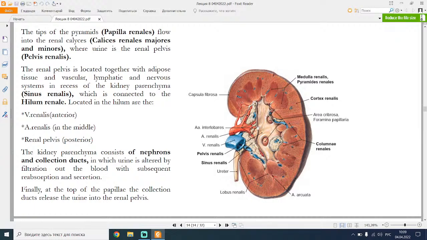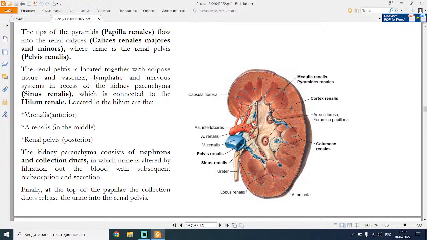The renal pelvis is located together with adipose tissue and vascular, lymphatic and nervous structures in the recess of the kidney parenchyma, sinus renalis, which is connected to the hilum renale.